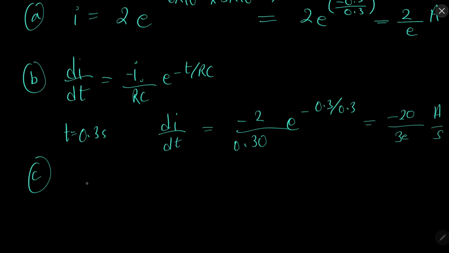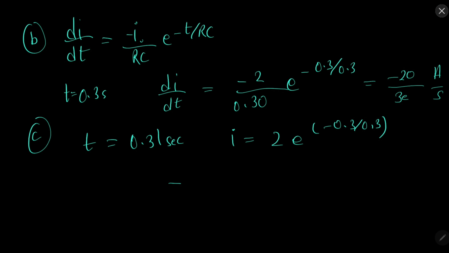And lastly, at time t equal to 0.31 second, current will be 2 e to the power minus 0.3 over 0.3, which will give us 5.8 over 3e ampere. This is 0.31.